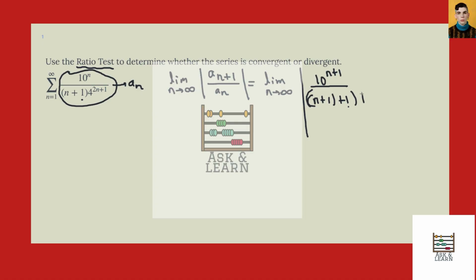And then we'll have 4 to replace n with n plus 1, and then still add in that other 1 over here because of that one. So everything we've written so far is just our numerator, a_{n+1}. And now we'll divide that by a_n, which is just our formula from the beginning.